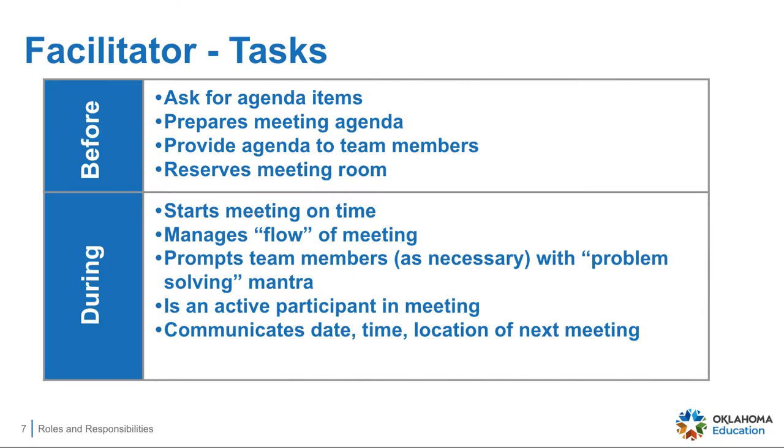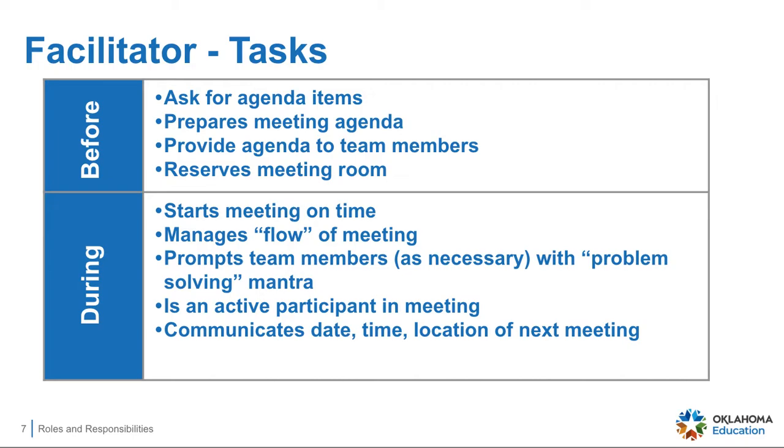The facilitator has some specific responsibilities that take place before and during the school climate team meeting. Before the meeting, the facilitator will ask the team members for agenda items, prepare the meeting agenda, and distribute an agenda to the team members. During the meeting, the facilitator will manage the flow of the meeting to ensure that all topics are covered and that the meeting stays solution-focused.